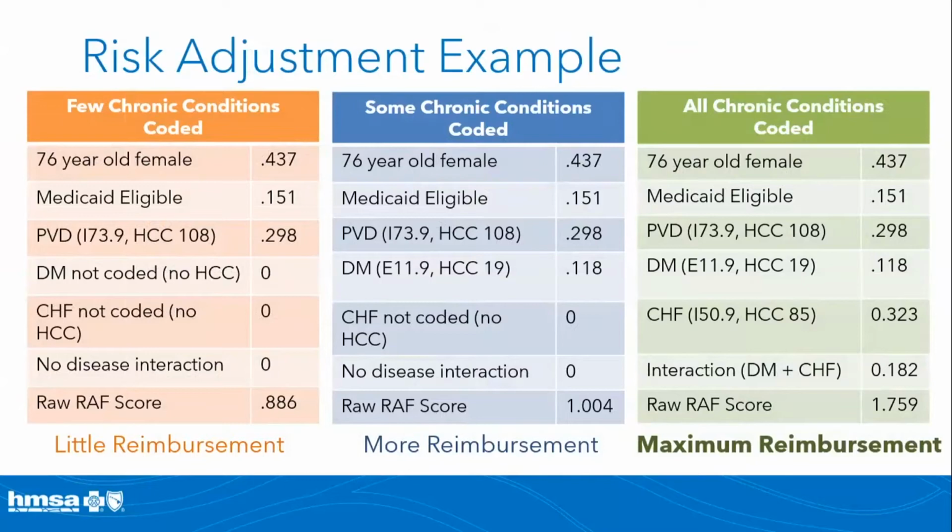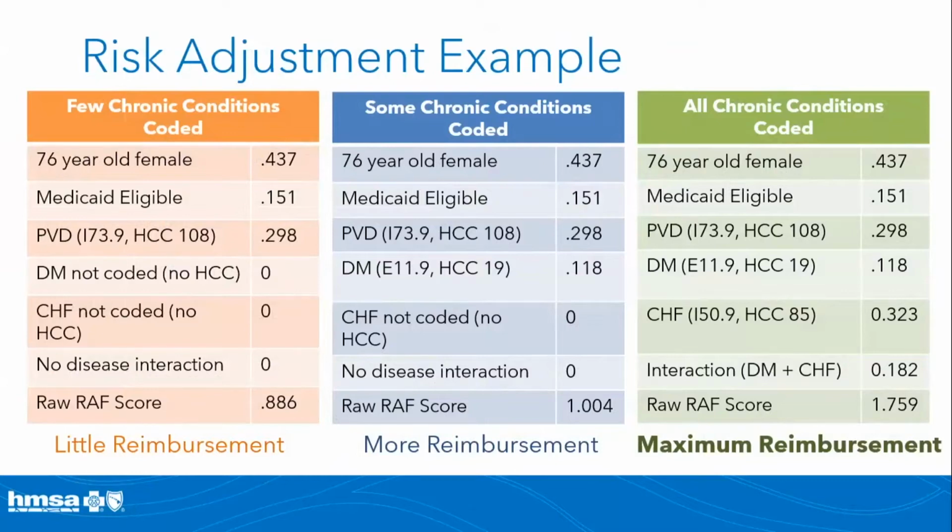Her diabetes and congestive heart failure have not been properly documented and coded, and this results in a RAF score of 0.886. In the middle table, you have the same beneficiary, and we have both her peripheral vascular disease and diabetes documented and coded, and this raises her RAF score a little higher to 1.004.